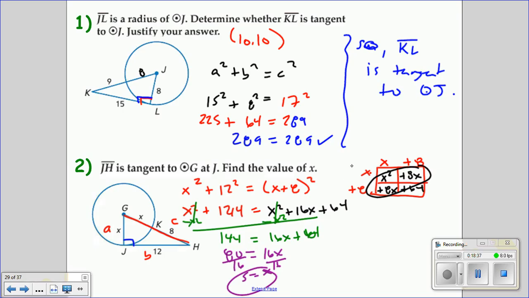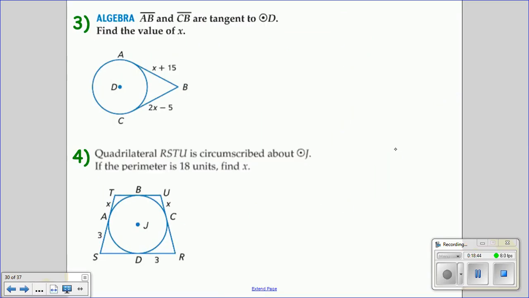So it was still using 10.10. On example 3, it tells us that segment AB and segment CD are both tangent to circle D. Find the value of x. Since they're both tangent to circle D and they meet at point B, this is an example of 10.11, meaning that those two lines, AB and CB, are going to be congruent.